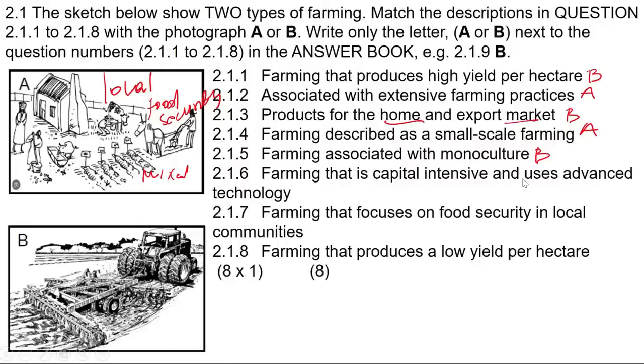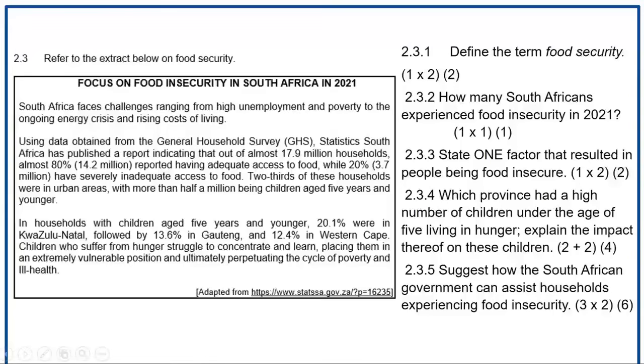Farming that is capital intensive and uses advanced technology is going to be B. Farming that focuses on food security in local communities, so this one is local communities, will be A. And farming that produces a low yield per hectare is also going to be A. So local food security, but this one is going to be food security for local and also for national.